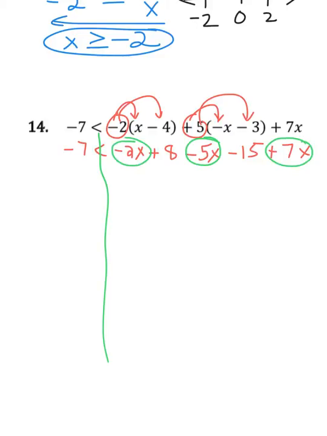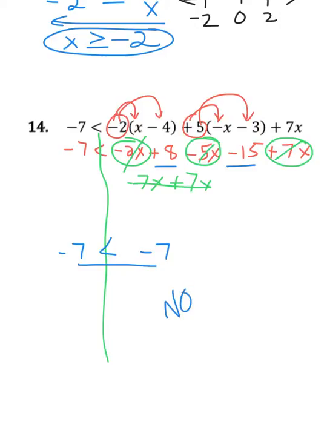So negative 2 and negative 5 is negative 7, plus 7. Negative 7x plus 7x cancels out. So those go away, and I'm left with 8 minus 15, which is negative 7 is less than negative 7. That doesn't make sense. That is not, no solution.